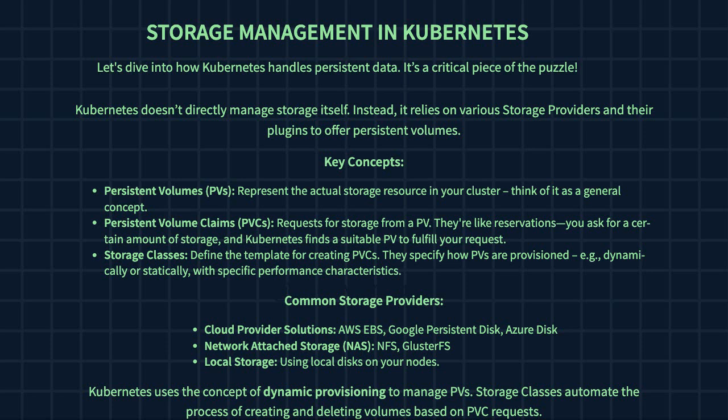Storage classes then define how those volumes actually get created, whether they're provisioned automatically or manually. And Kubernetes uses dynamic provisioning to handle the creation and deletion of these volumes based on your claims. There are tons of different storage providers you can use, from cloud provider solutions like AWS EBS, all the way down to local disks if you're running a single node cluster.